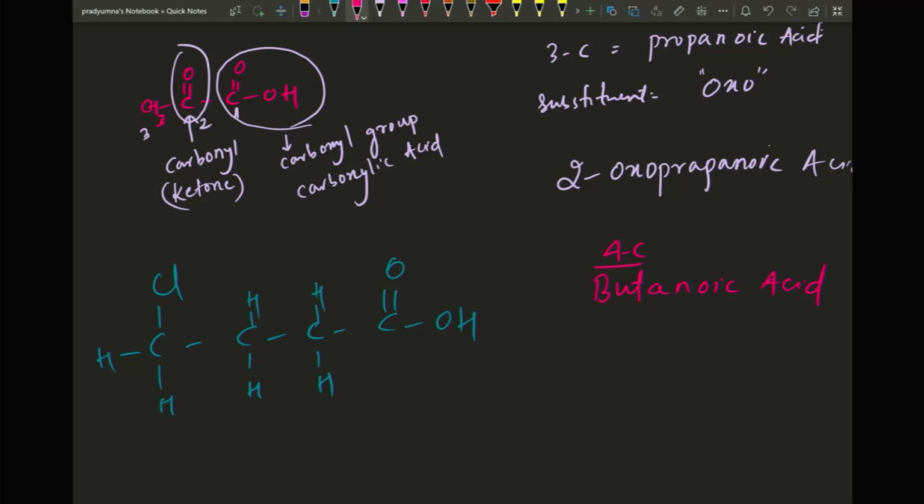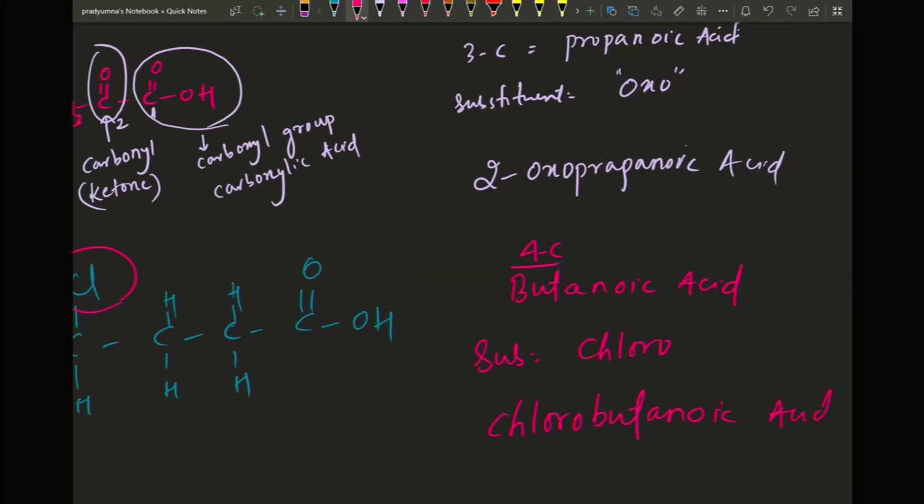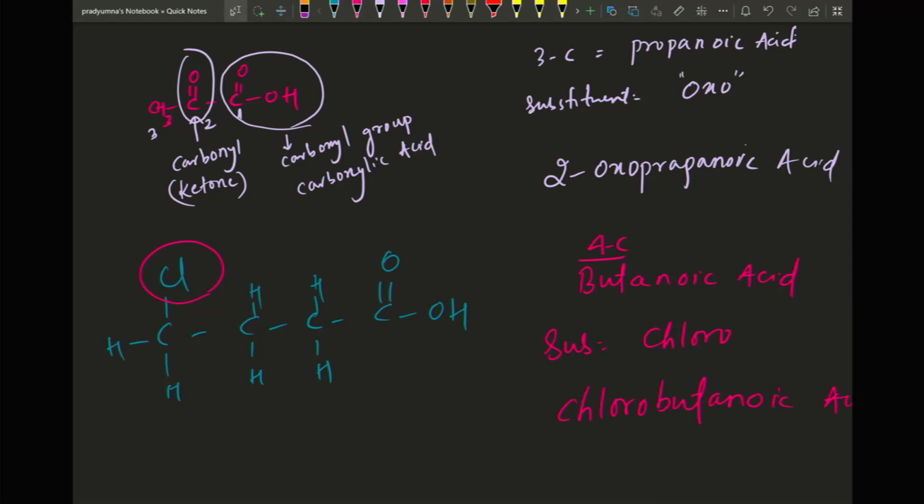What is the substituent here? The substituent is chloro, so the name would be chlorobutanoic acid. Where is the location? 1, 2, 3, 4. So it's going to be 4-chlorobutanoic acid.